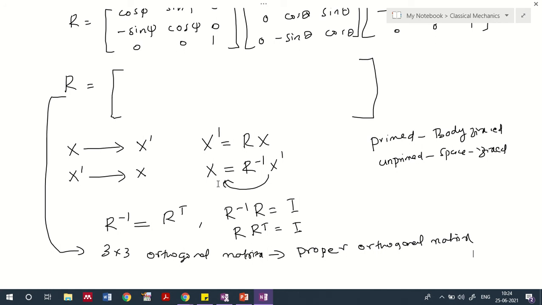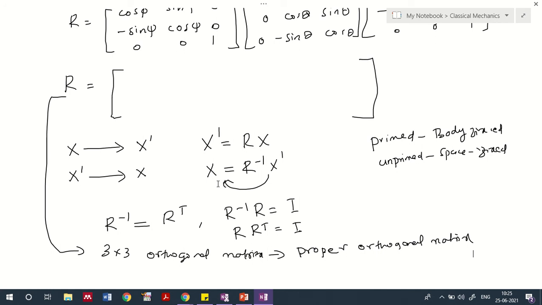By three successive rotations you can transform a space coordinate system to a body coordinate system. That's all for today, and tomorrow we'll be discussing infinitesimal rotation and the rate of change of vectors as well.